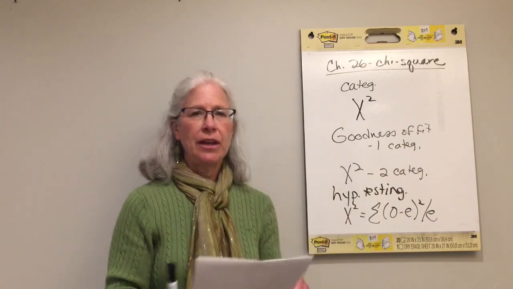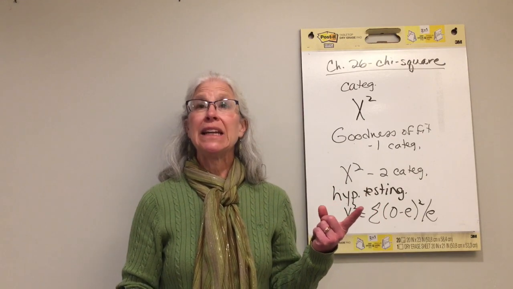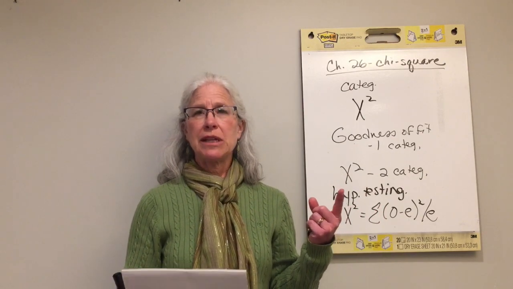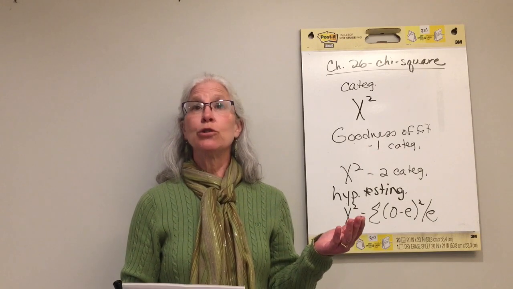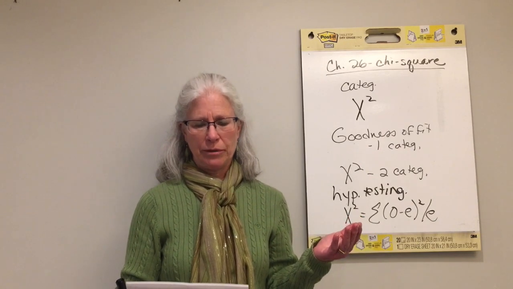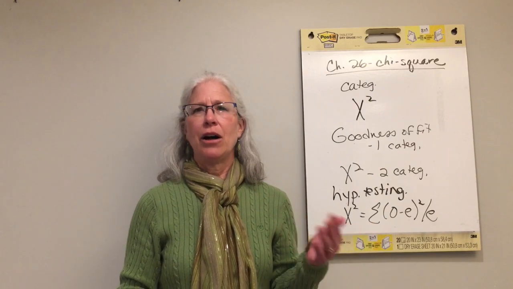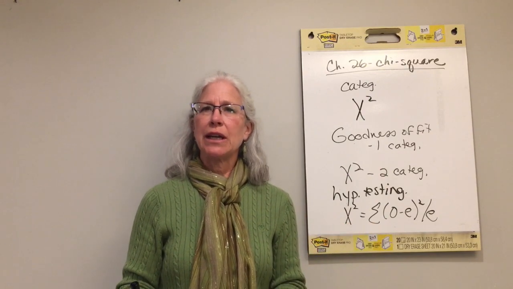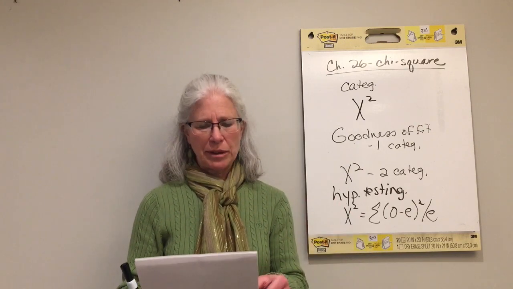The assumptions of the chi-square, as always, simple random sample. We need to have a simple random sample because we need a sample that is representative of the population in order to draw conclusions about the population from our sample. If we don't have a good sample, if we have a volunteer sample or something like that, all bets are off. There's no point in doing any inference because our sample is probably so unlike the population.